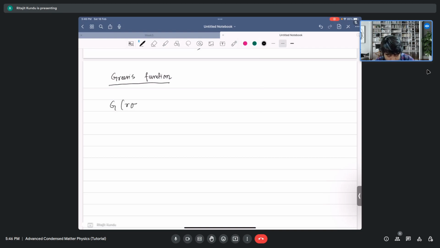Let me write a very simple version: G of r sigma t, r prime sigma prime t prime, which is given by minus i times the time ordering of psi sigma at r t. These psi's are field operators, psi sigma prime at r prime t prime, expectation.